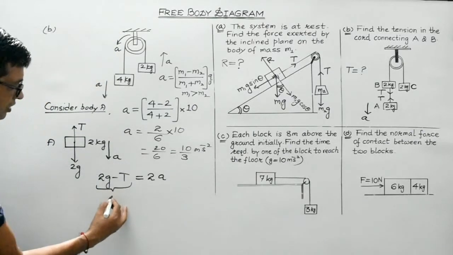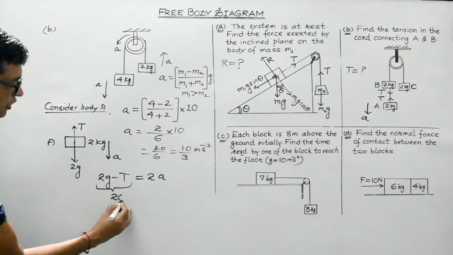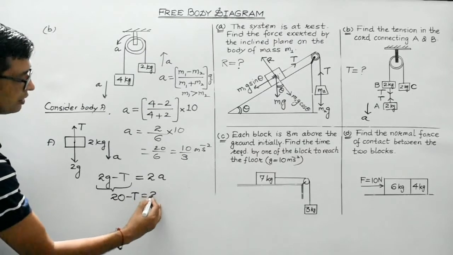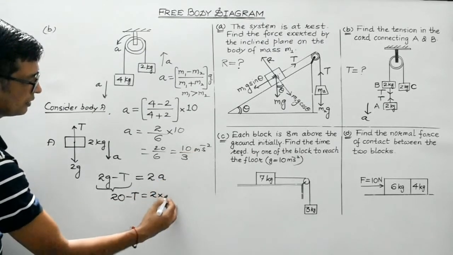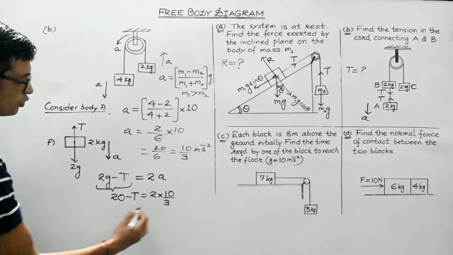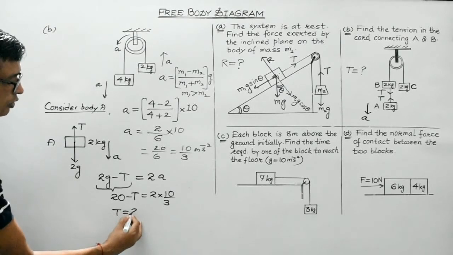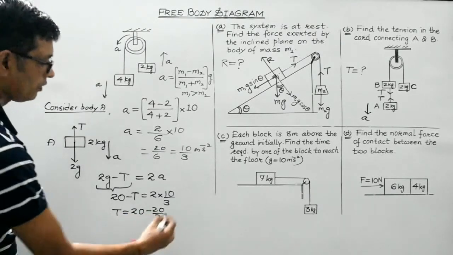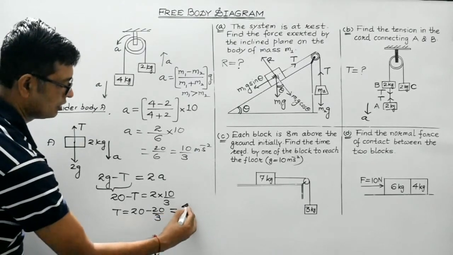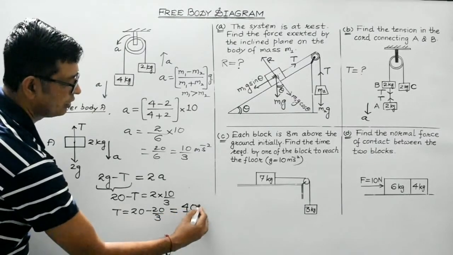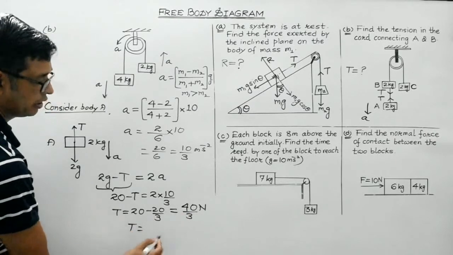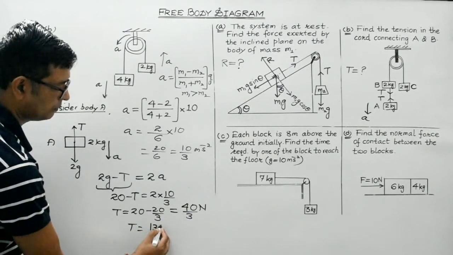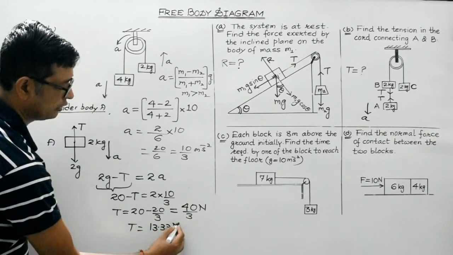So, let's solve it. g can be taken as 10. So, 20 minus T is equal to 2 into a, which is 10 by 3. So, what we get is T is equal to 20 minus 20 by 3. So, if we solve it, it will be 40 by 3 Newton, or it will be 13.33 Newton.